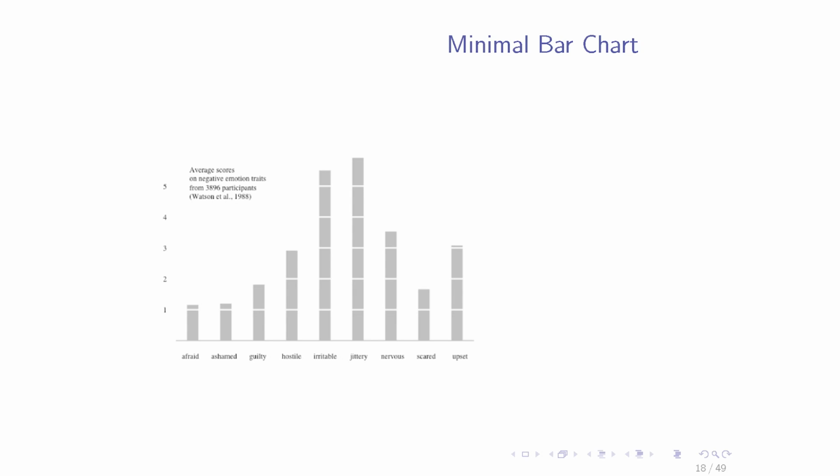And that's one that I think is quite nice. Also answering your bar chart grid line example. A clean way of having grid lines in a bar chart is to put them inside the bars. So this is an average score on a negative emotion trait from about 4,000 participants.